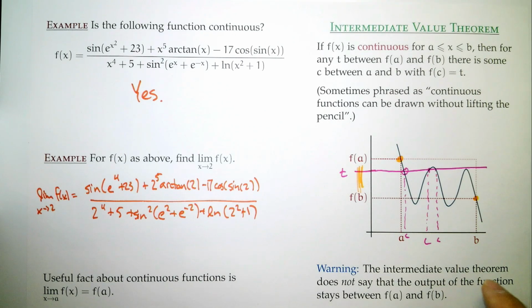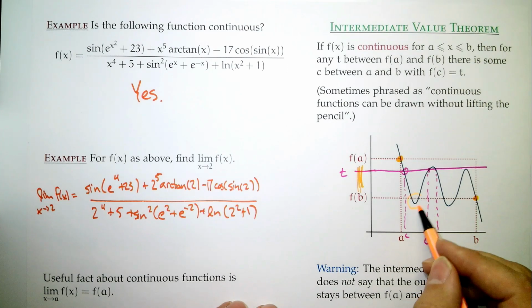So, just in case I haven't said it, let me point out this warning, because when you hear the statement of the intermediate value theorem, that I have to hit all the values in between, sometimes people hear that and say, oh, that means that you're going to stay in between. And that's not what the intermediate value theorem says. So it's possible that you can sort of sneak your way below at some points.